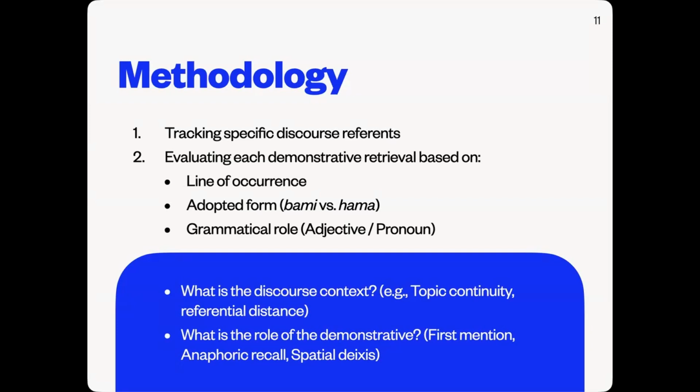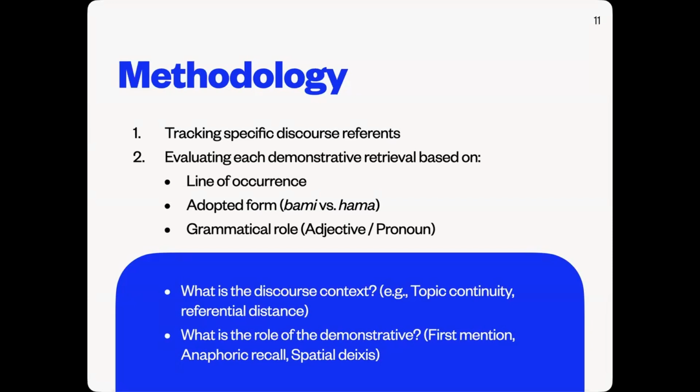Then I moved on to establishing the discourse context, and then evaluating whether there was anything such as topic continuity, or any referential distance that could tell me what the role of the demonstrative actually was.